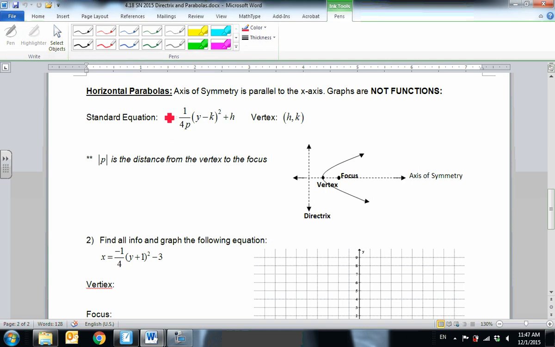Axis of symmetry is going to be parallel to the x-axis, and graphs are not functions. This is the first time we studied something not a function this year. Graphs are not functions, which means they will fail the vertical line test.